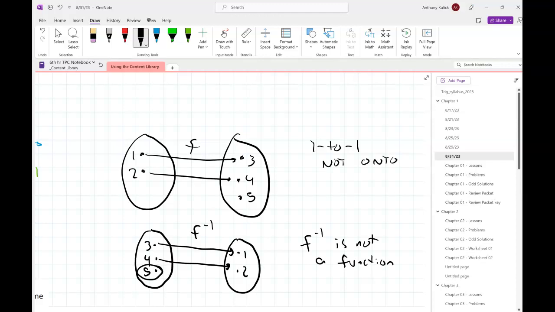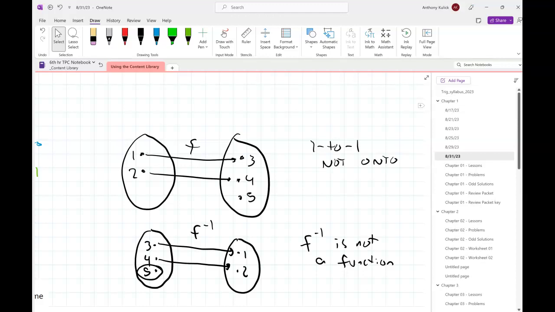So it looks like we have to have both one-to-one and onto for F to guarantee that F inverse will be a function. That's our takeaway. So it has to be, what was the word? Bijective. Bijective is the term for the inverse to still be a function.